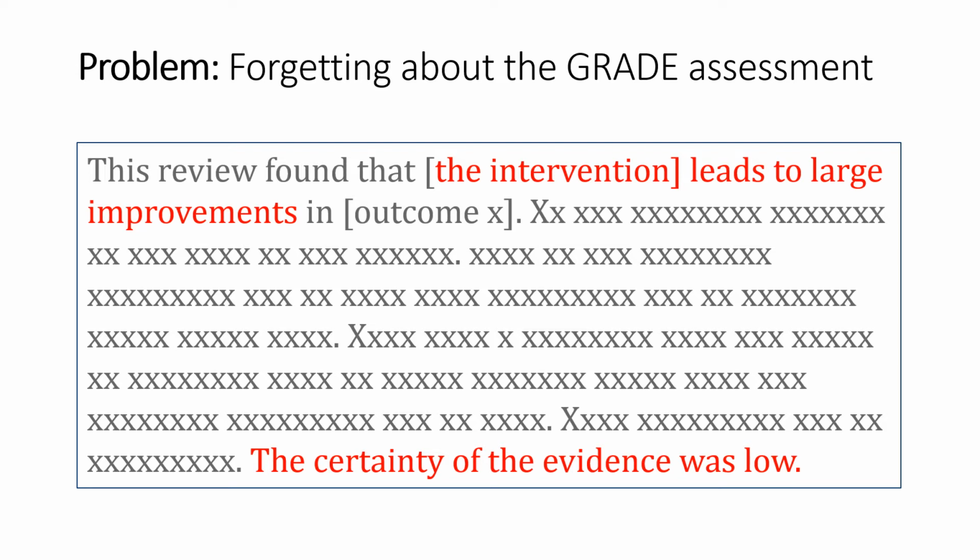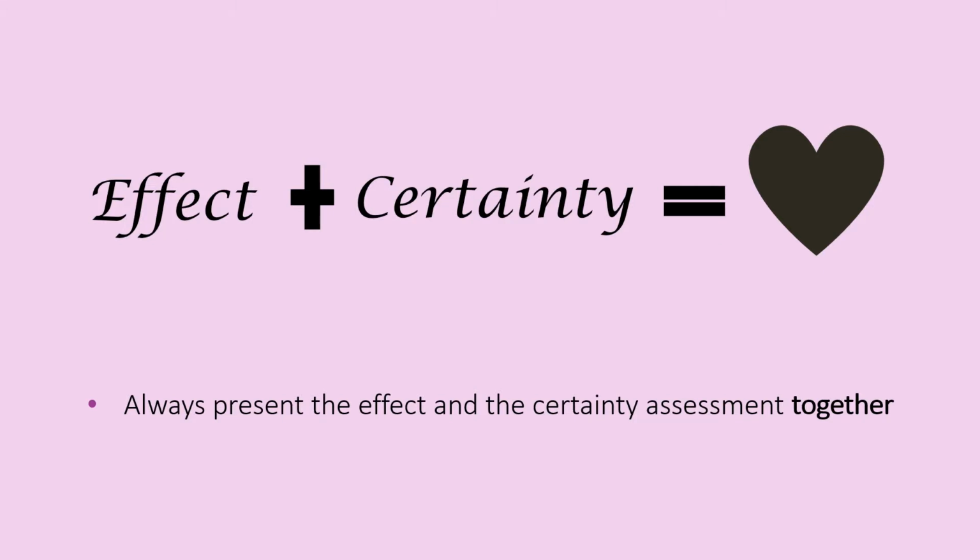So these two pieces of information have been separated from each other, and this can change how people interpret the results. As a rule, remember that you should always include information about the certainty of the evidence, and you should always present this information together with the information about the effect.